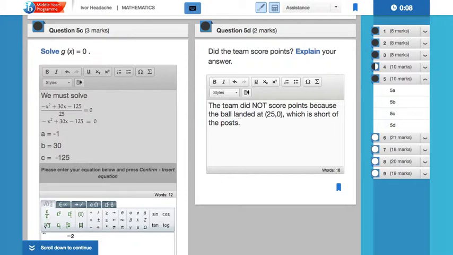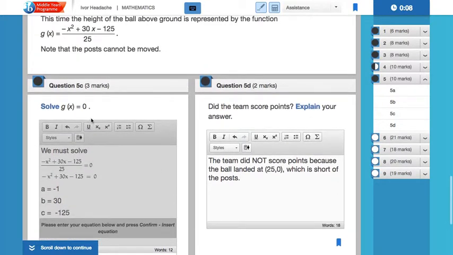But in questions like this, there's a mixture of things that are routine, so solving a quadratic equation that you've been given, and things that you actually have to think about and place in the real life context. So it's a question for you in managing your own time, in how you're going to balance your efforts in that kind of question.